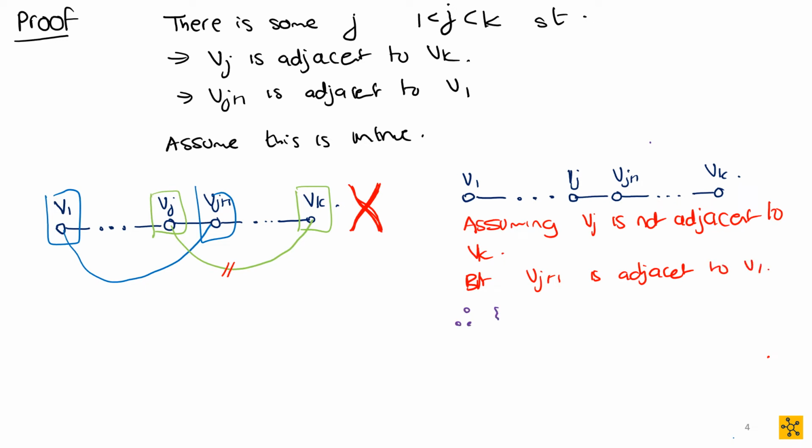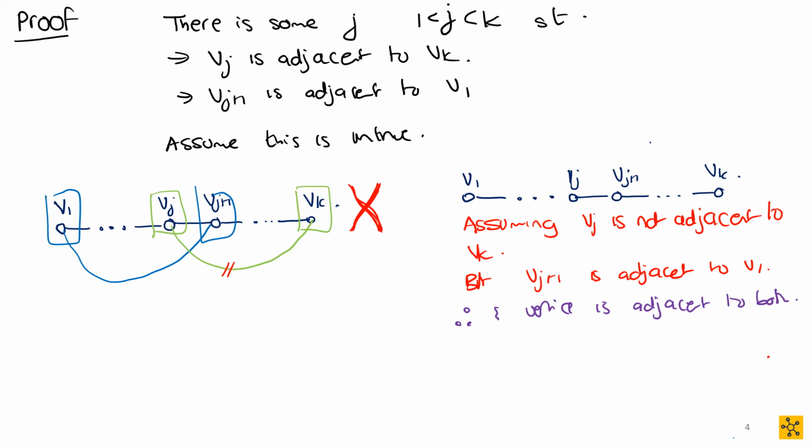Therefore, one vertice is adjacent to both. So previously we assumed that there were no vertices that were adjacent to both V1 and Vk. Now we're looking at a narrower scope where there is only one vertice which is adjacent to both.